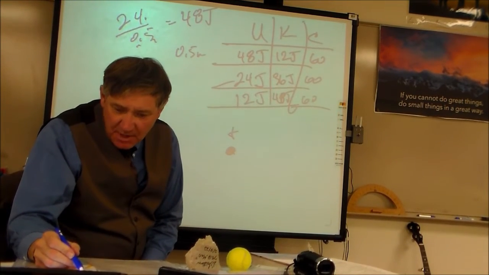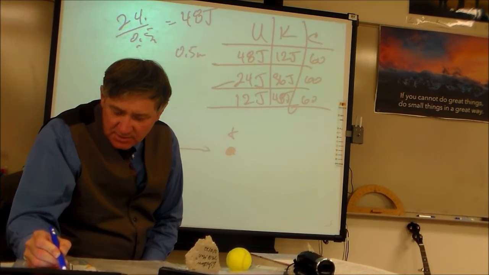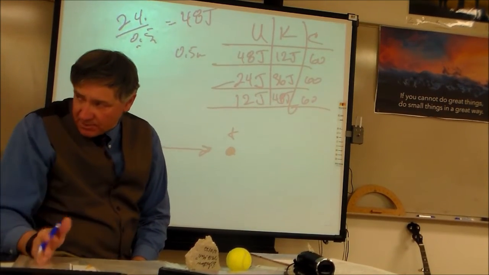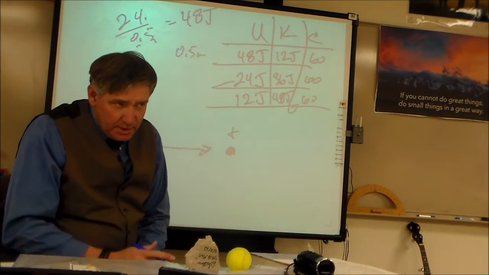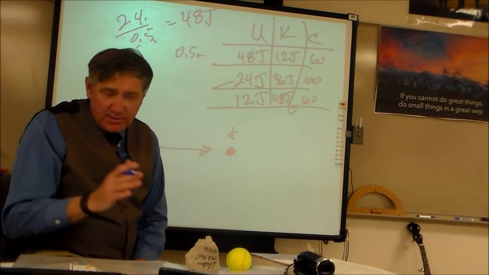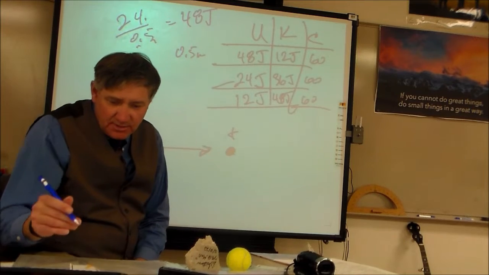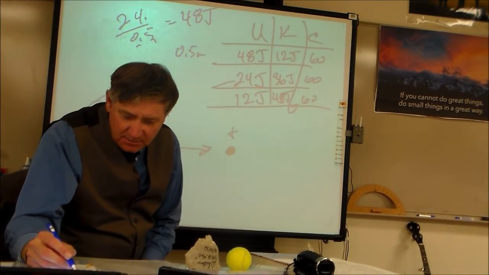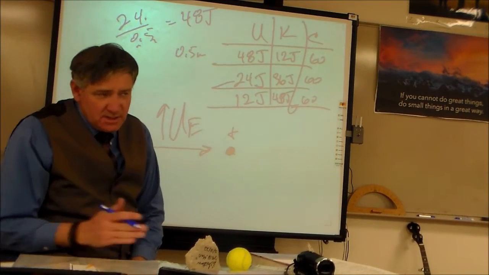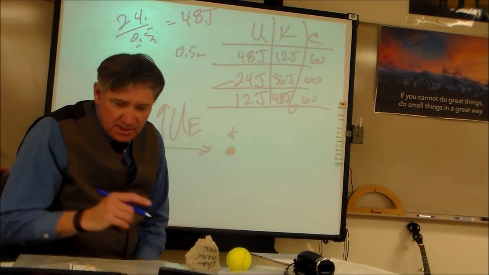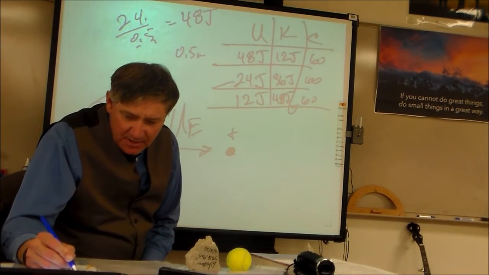So as this positively charged particle approaches this other positively charged particle, what's going to happen to the amount of UE? Increase or decrease? Increase. So as it gets closer, I'm increasing my UE. Okay? Well, where's that energy coming from? The kinetic energy.